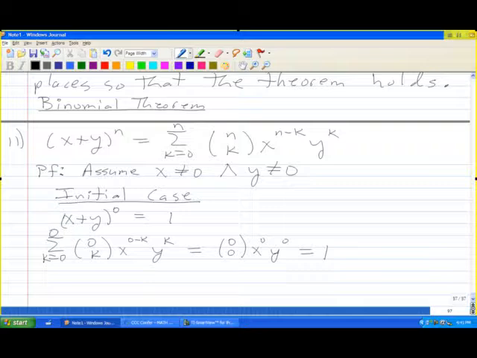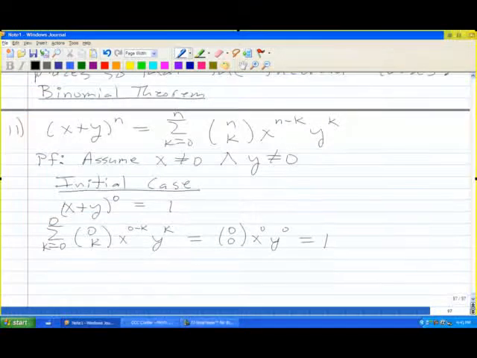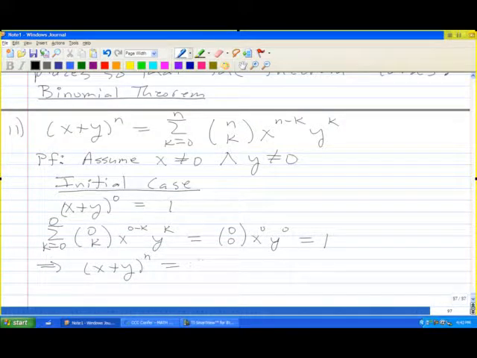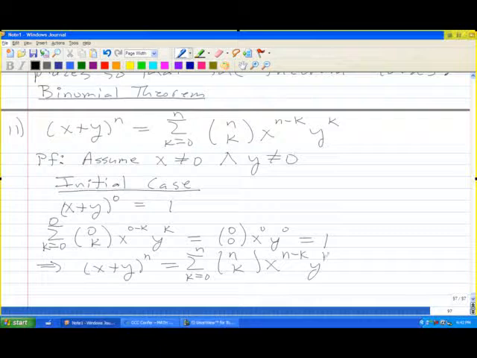So therefore, I've shown that (x plus y) to the n is equal to the sum k equaling 0 to n of n choose k, x to the n minus k, y to the k, that this holds when n is equal to 0.